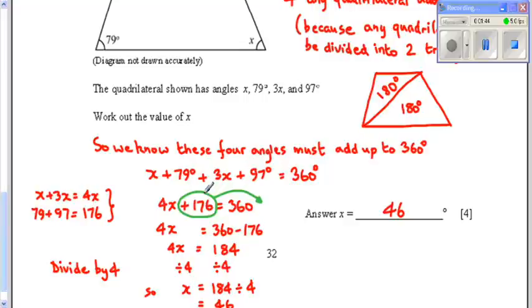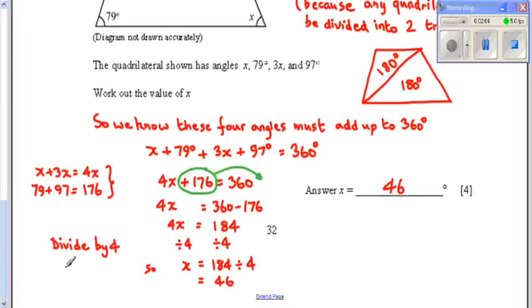So remember, we want to put the numbers together on the right hand side of the equation. We want to leave the x's over here, so we've got 4x, and we're going to move that plus 176 to the other side of the equation, and it becomes minus 176, because when we change the side, we change the sign. So we end up with 4x is equal to 360 take away 176, so 4x is equal to 184.